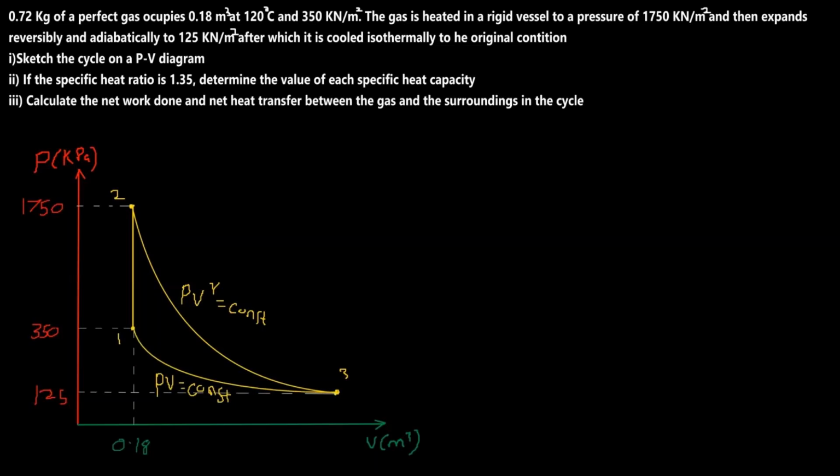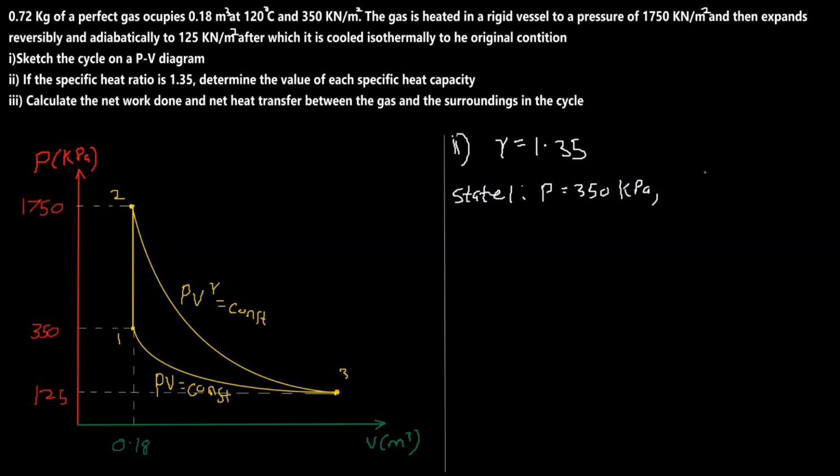Now, if the specific heat ratio is 1.35, we can find the specific heat at constant pressure and constant volume. To do this, we'll need the gas constant, R. At state 1, pressure is 350 kilopascals, volume is 0.18 meters cubed, and temperature is 120 degrees Celsius, or 393 Kelvin.